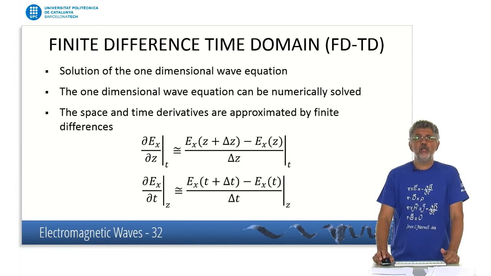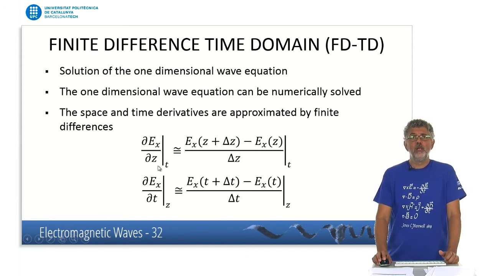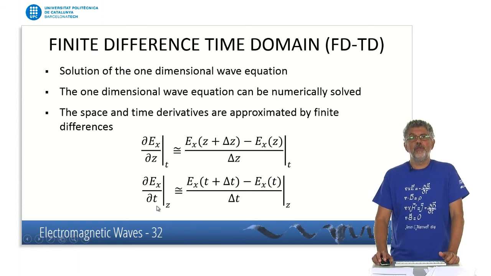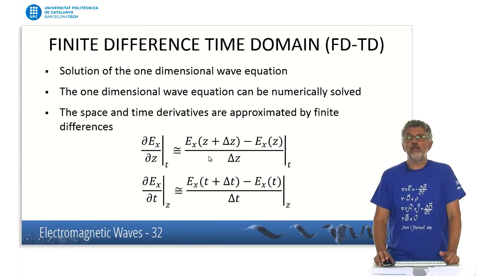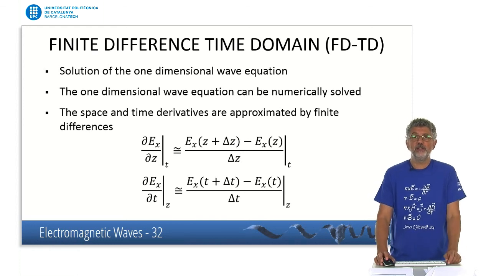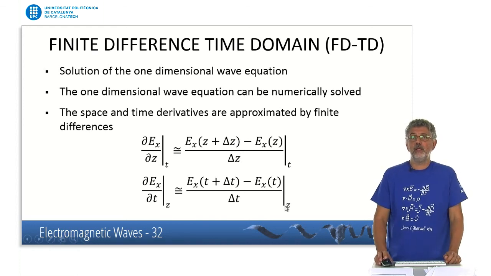Now, the first thing we do is approximate the space derivative and the time derivative of the fields by what we will call the finite difference. What is the finite difference? Well, that space derivative, we can approximate it by just the difference of the field in two very close places in space, just two positions changed by this delta z, and then of course dividing by that increment of space.